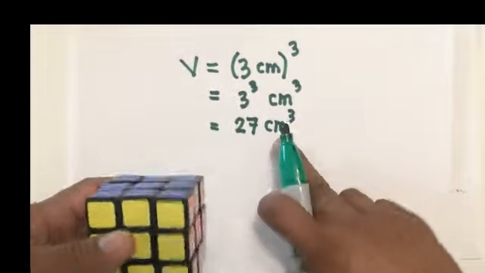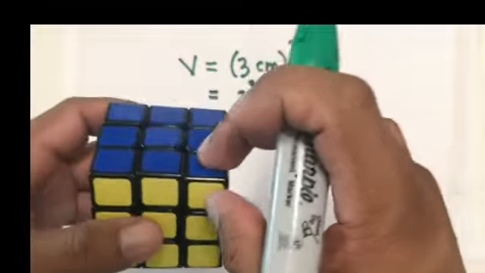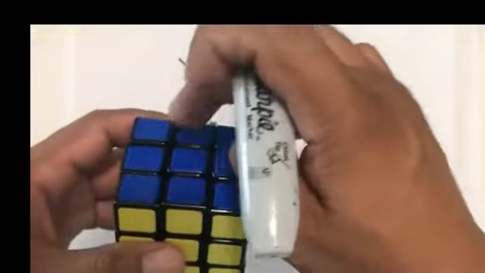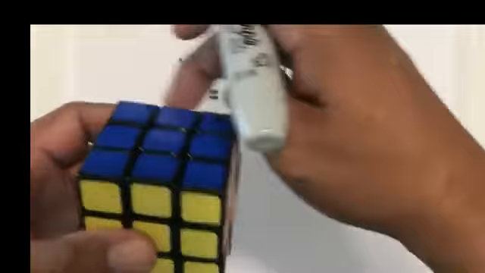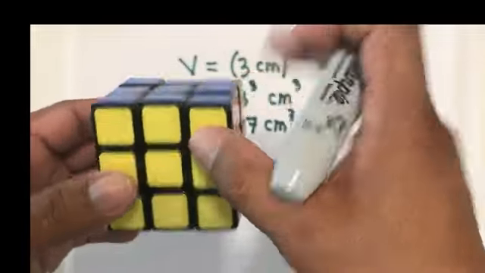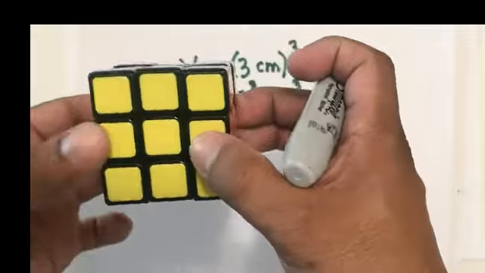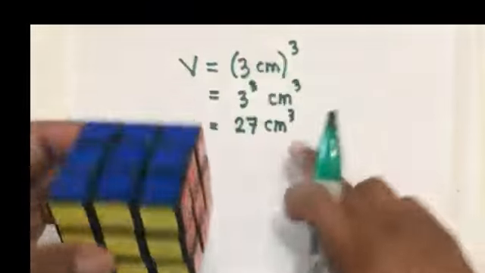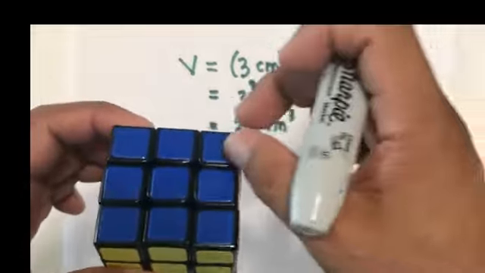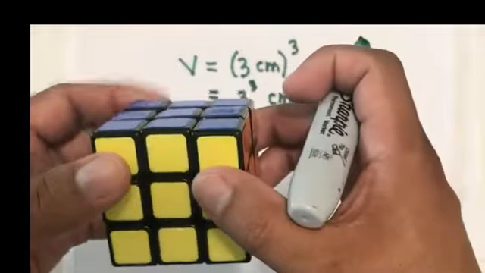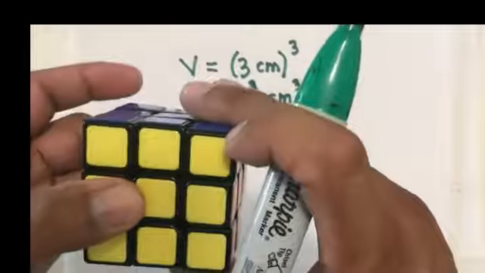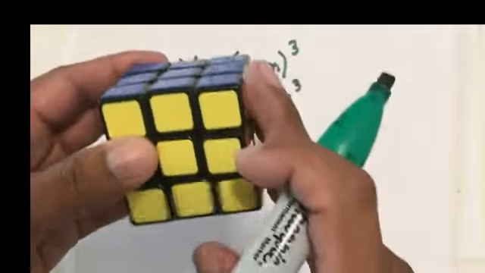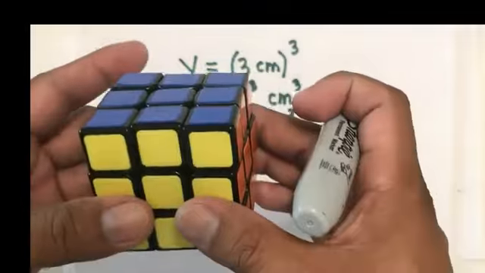So you think now of the centimeter cube as this smaller cube. You have 1, 2, 3, 4, 5, 6, 7, 8, 9, nine in the first layer, another 9 in the second layer, and another 9 in the last layer. Together, you have 27 of these smaller cubes, and all those 27 smaller cubes occupy the space inside the bigger cube, the 3x3 cube.